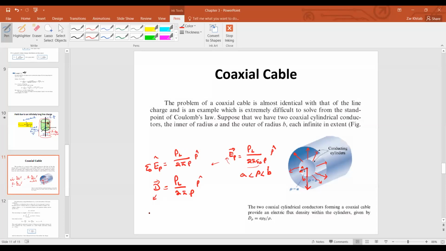So now this is the electric flux density, which equals rho L divided by 2 pi rho.